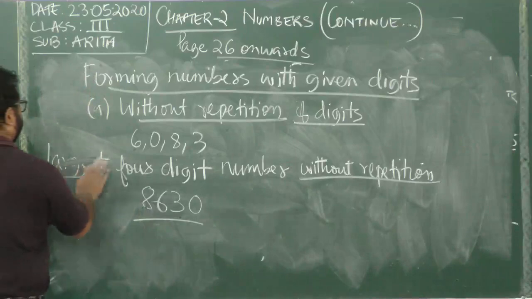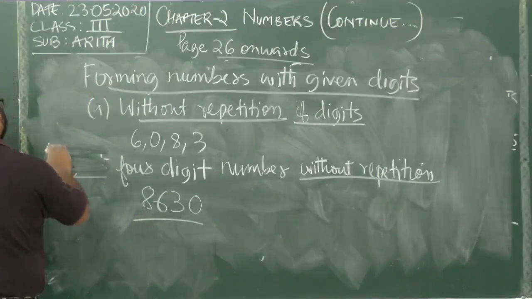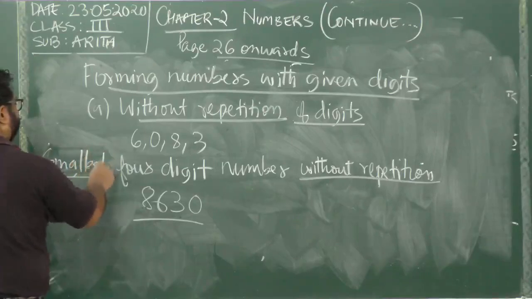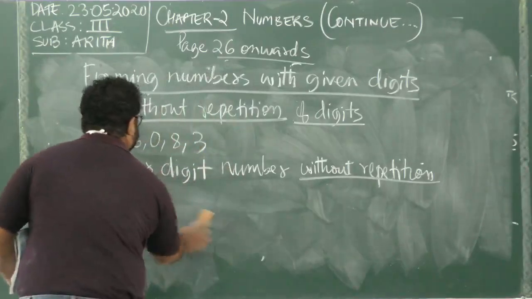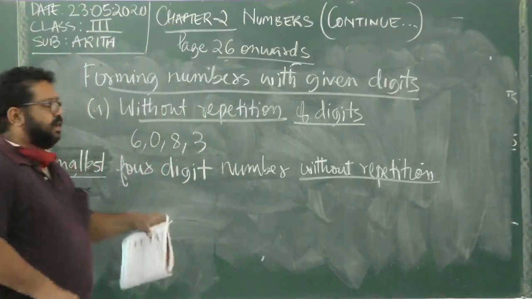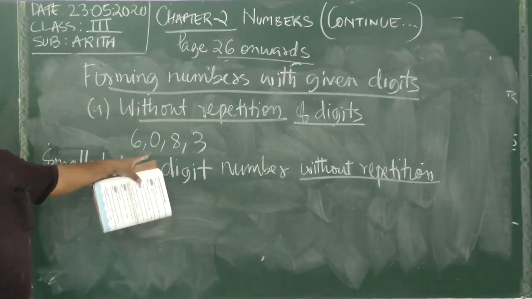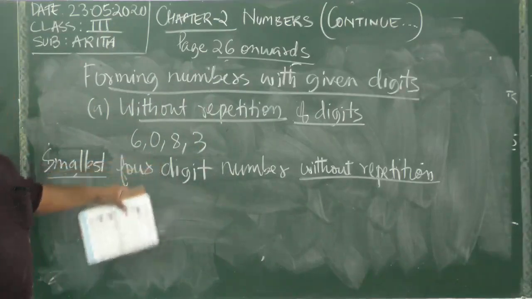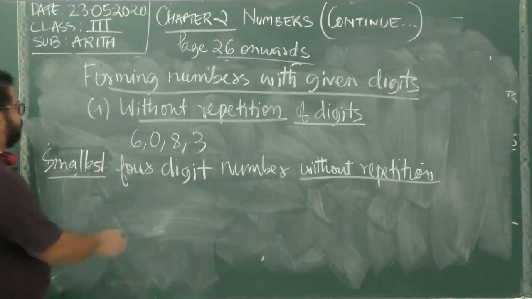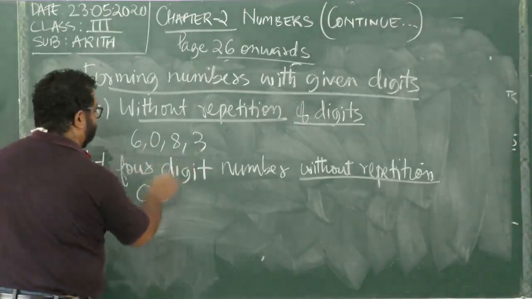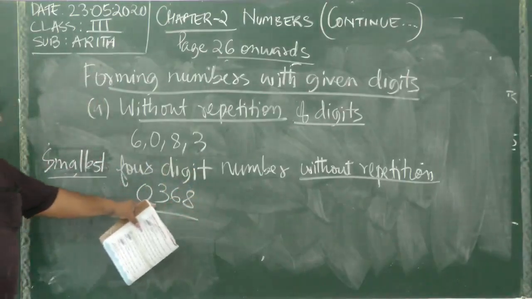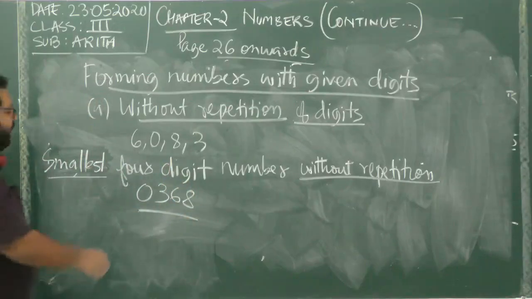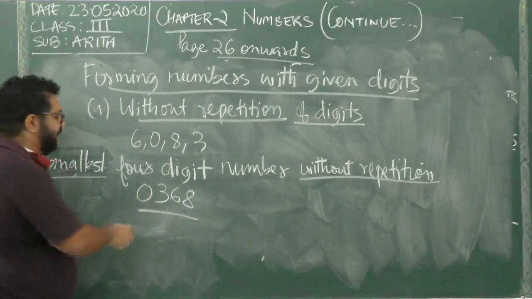Suppose we want to have the smallest 4-digit number without repetition. Here what we do, first we see which is the smallest of all. What we come to know, 0 is here, which is the smallest of all, but it doesn't have a value if you put it before a number. So suppose I write it 0, then 3, then 6, then 8. All right, 0368. What happens? When we put a 0 in front of a number, it has no value.